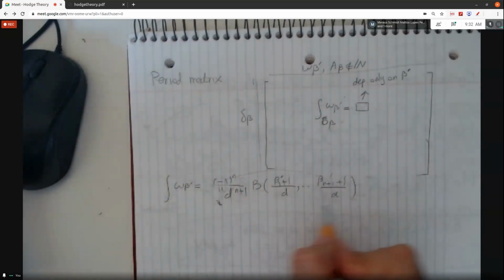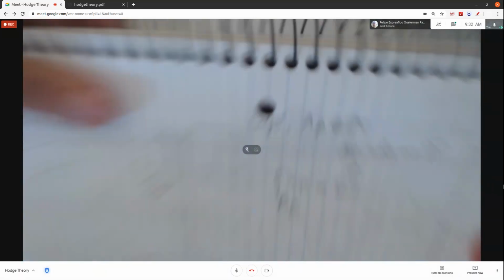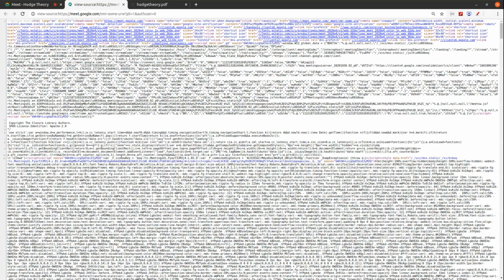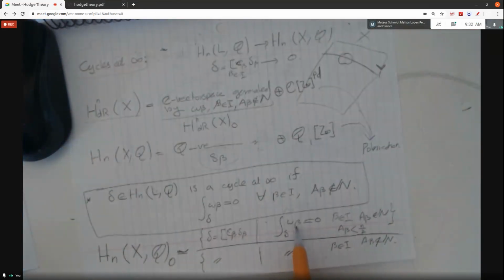But this guy depends on just the differential form. Oops, sorry, what happened here? So the point is that this integral equals 0.